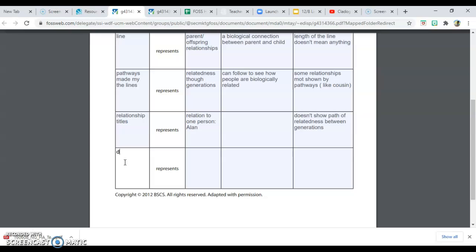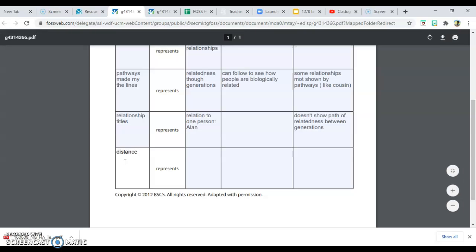Another downfall is the distance between the circles. Now, all of this is going to make sense because this is the intro to why we use the cladogram, which we will discuss. Okay, this honestly represents nothing. The distance between the circles represents nothing.